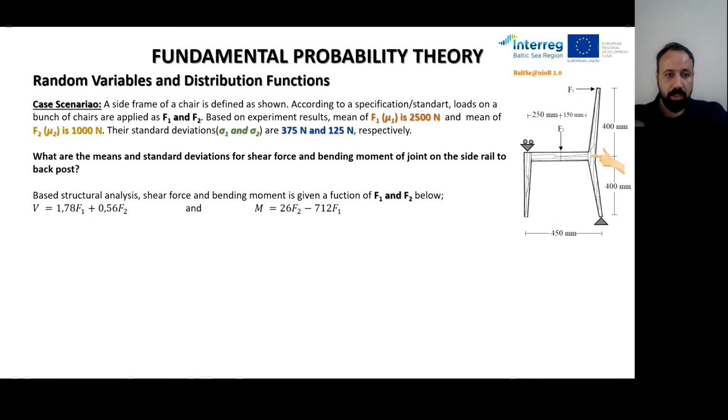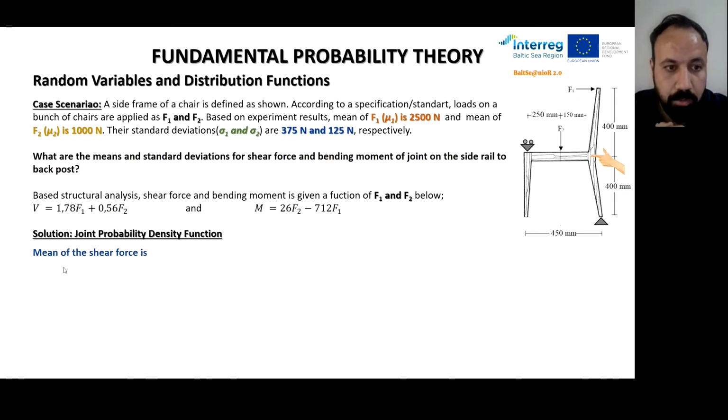Based on it, on this joint, the shear force is equal to 1.7 F1 plus 0.56 F2, and the moment is equal to 26 F2 minus 712 F1. We need this function to calculate our shear force and bending moment.